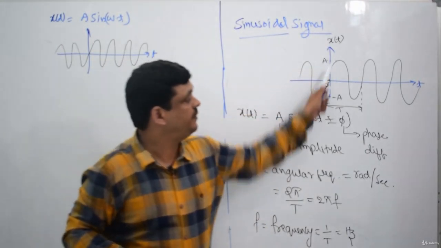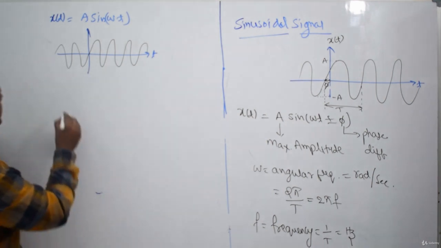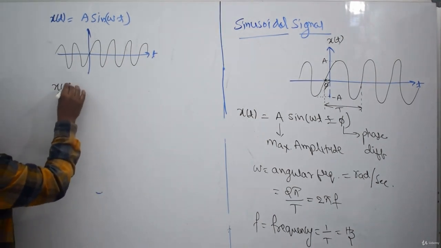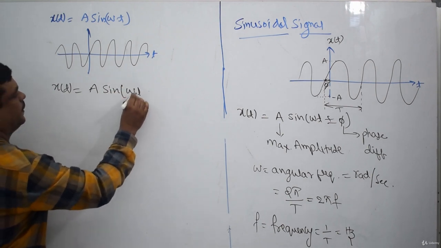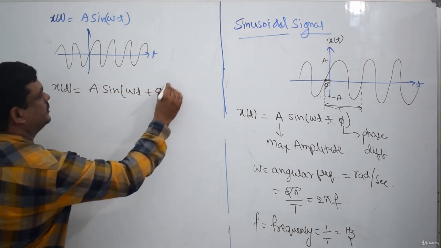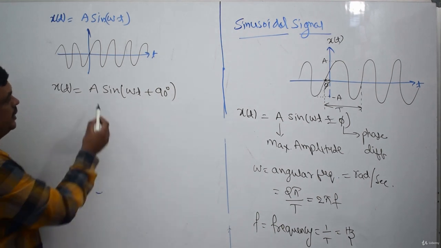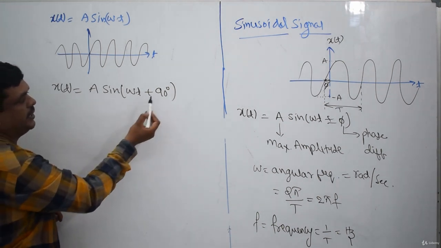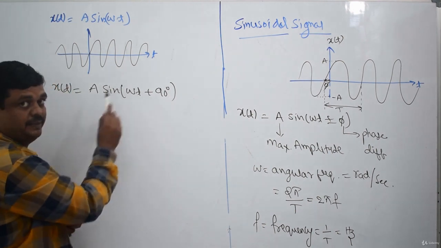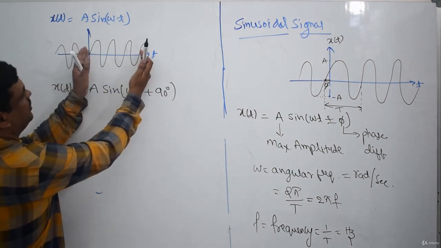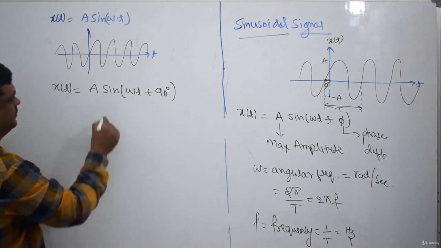Now I am taking a phase difference of 90 degrees. It is like this: a sine omega t plus 90 degrees. The phase difference is 90 degrees with a plus symbol, so the complete signal is shifted to the left side.